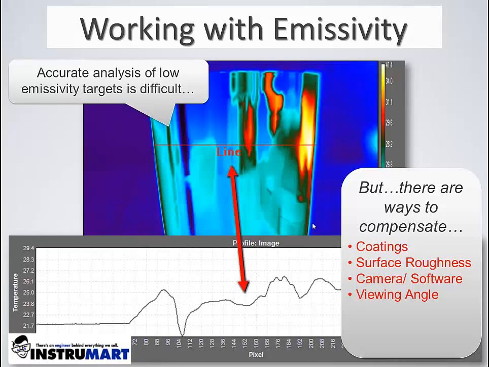Third, adjusting the camera to target angle or controlling the imaging environment can reduce reflected radiation interferences. Finally, changing the geometry of the target can create locations with improved emissions, and an additional software functionality, subtraction, can be used to adjust and correct for emissivity.